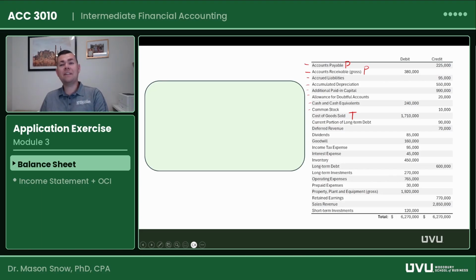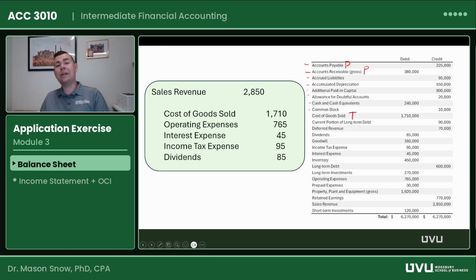We're reversing their natural balance. And there's only one in this trial balance, sales revenue, $2.85 million. You can always expect there to be some sort of revenue account that we close to retained earnings with a debit. After that, we have 4 expense accounts, going from cost of goods sold to income tax expense.